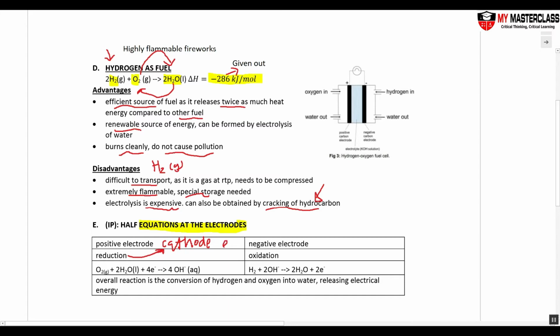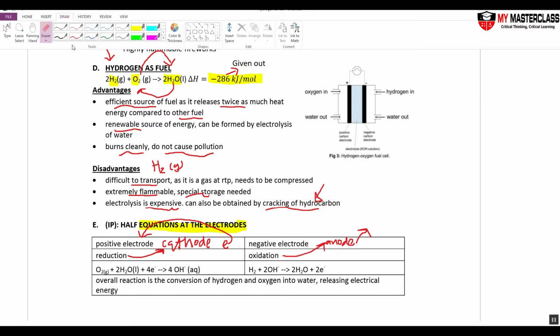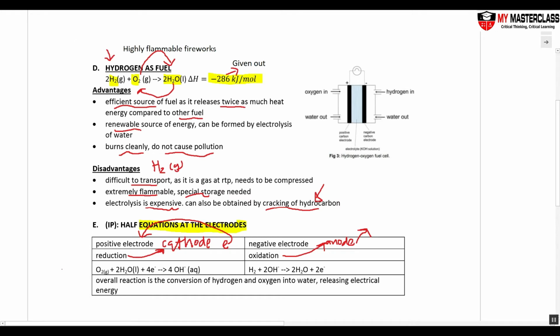The negative electrode is the anode, because the electrons flow out. Losing electrons is oxidation. Let's look at how we write the half equations at the anode and the cathode, starting with the cathode first.